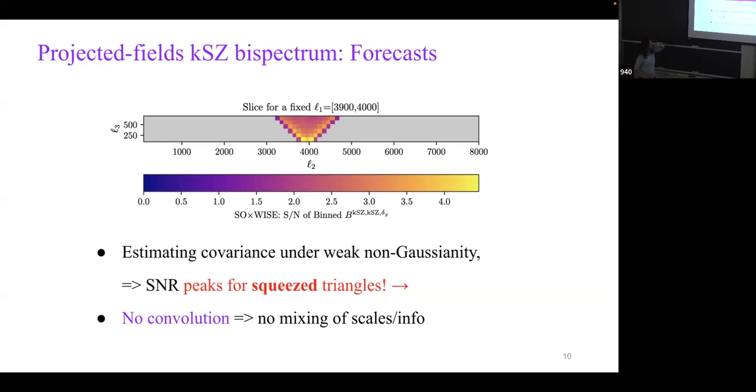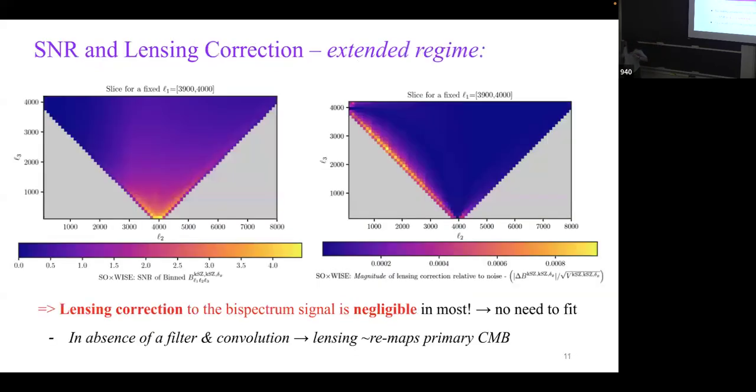But basically, even when we expand the regime in which we are looking at the signal to noise ratio, if we expand the galaxy modes up to an Lmax of like 4200, which is into the nonlinear regime for the galaxy modes, we still see that most of the signal is contained in these very squeezed triangles, which I showed earlier.